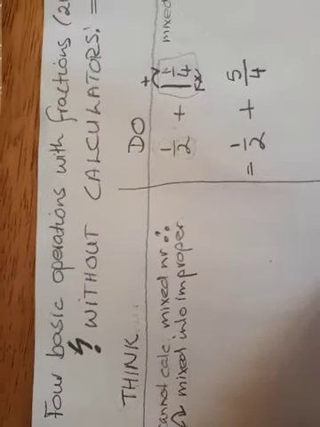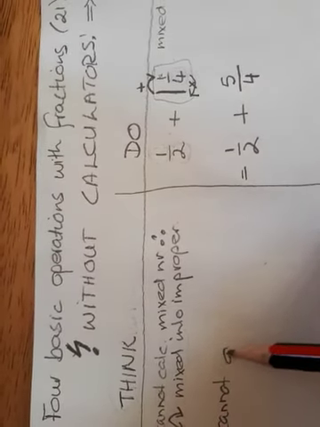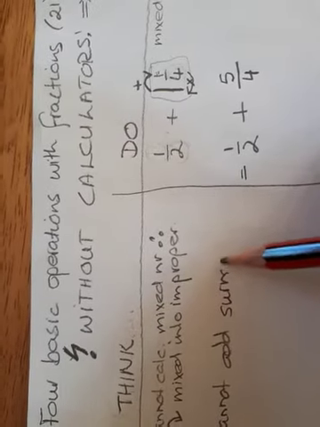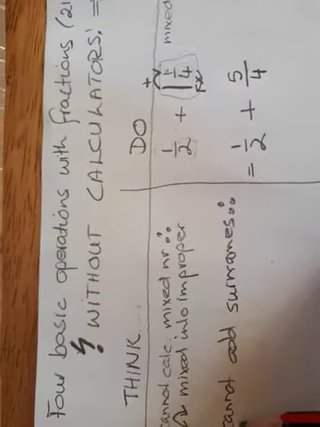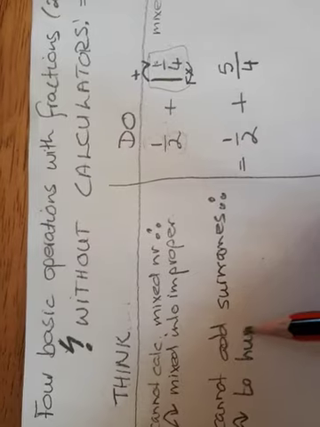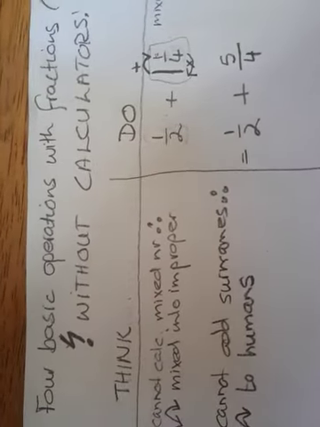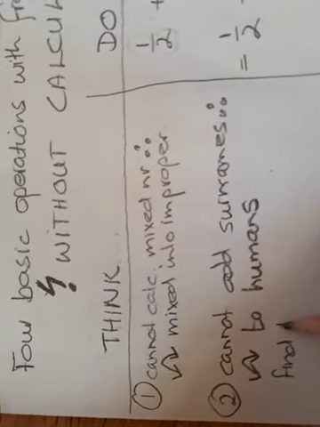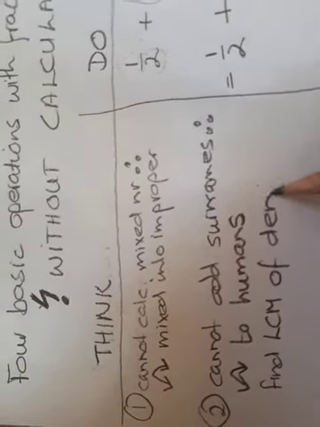So now the second step is we cannot add surnames. Therefore, we have to change them to, I hope you all say, human beings or humans. How do we do that? We have to find the lowest common multiple of the denominators.